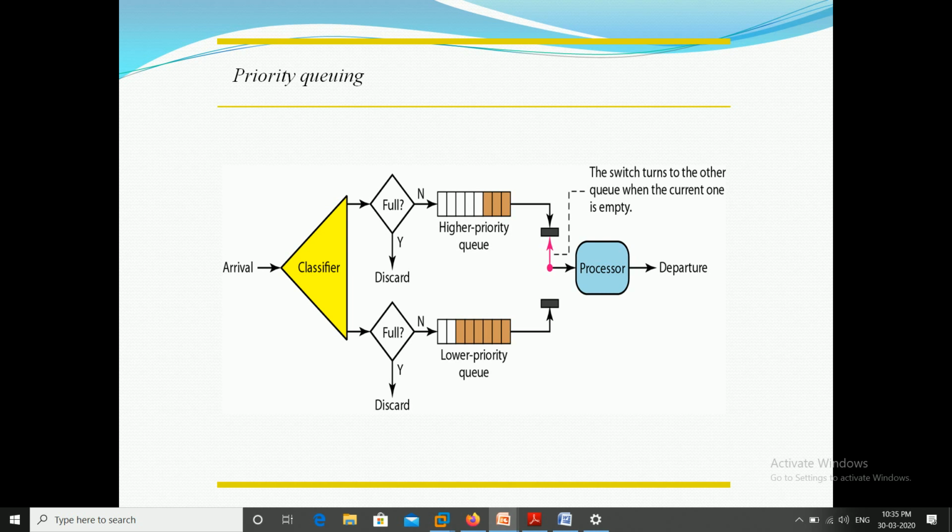Now the processor in the blue part, the switch, turns to the other queue when the current one is empty. That means first it will depart all the packets received in the high priority queue. When it is done with the high priority queue, then it switches to the other queue, the low priority queue. So this is how this queuing is done. I hope you understand.